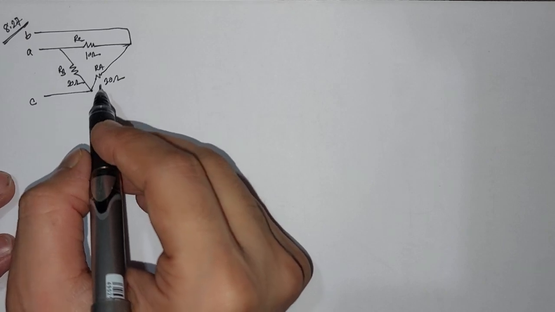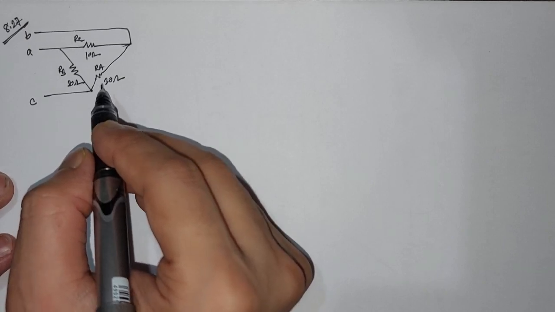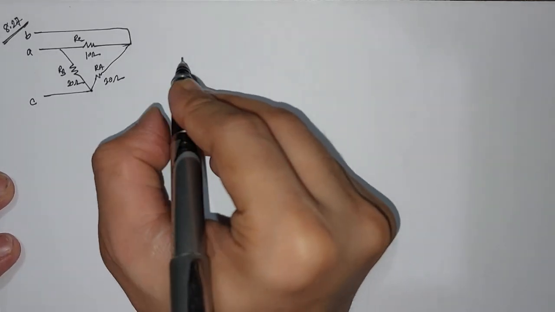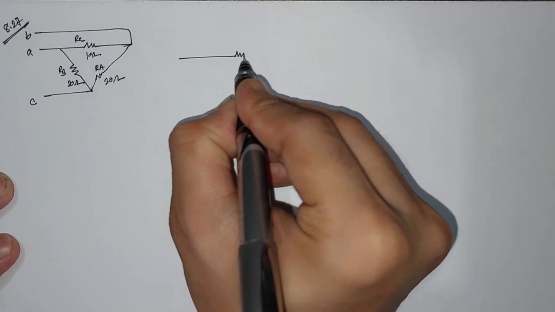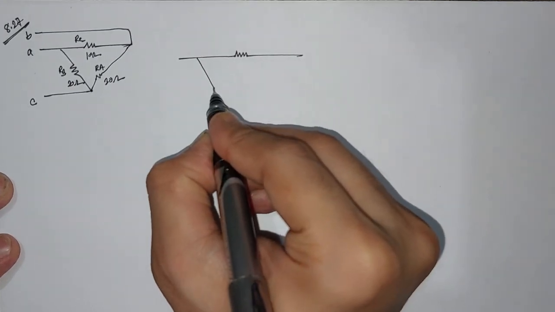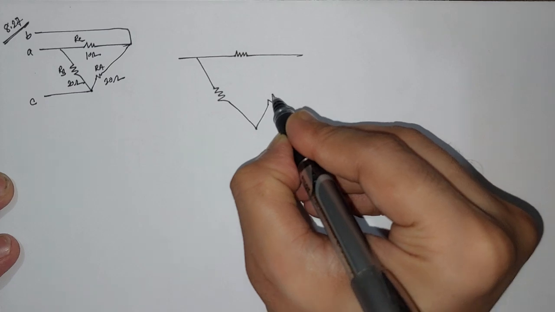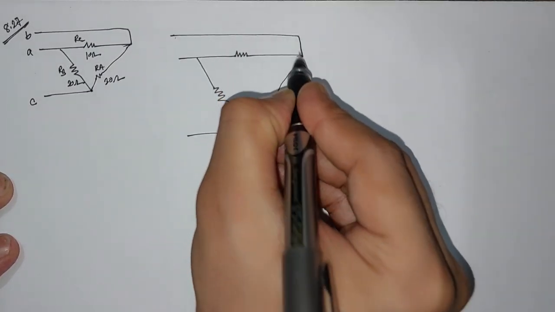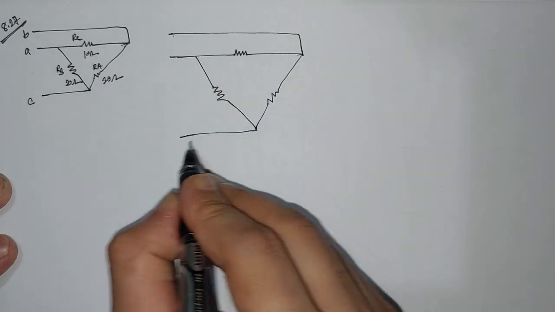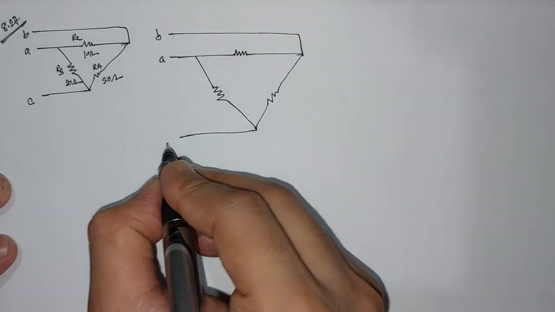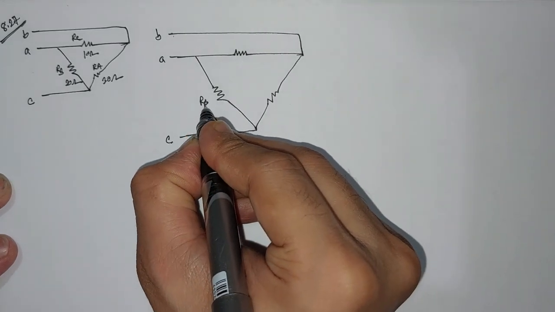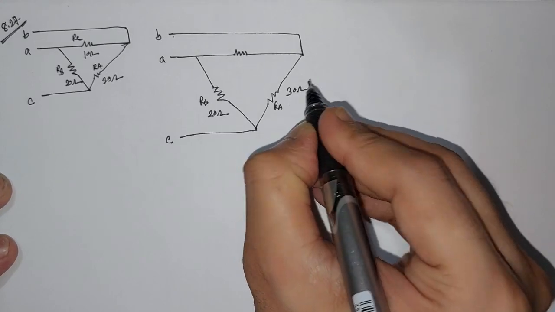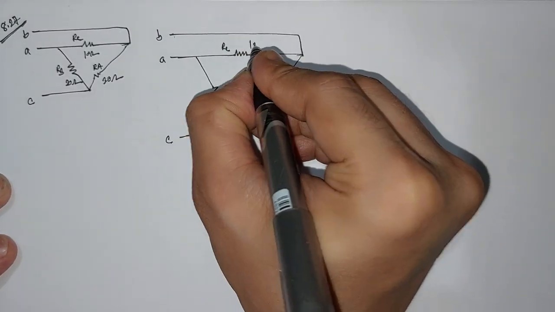For finding out this equivalent Y circuit, we will proceed step by step. Let us draw the circuit again for convenience. So this is terminal B, terminal A, and this is C. This is RB, which is equal to 20 ohm, this is RA, 30 ohm, and this is RC, 10 ohm.